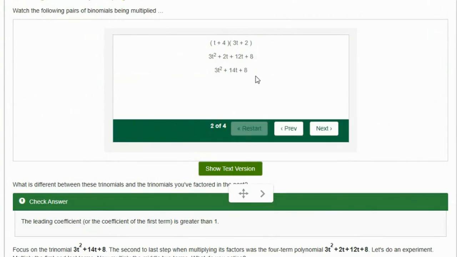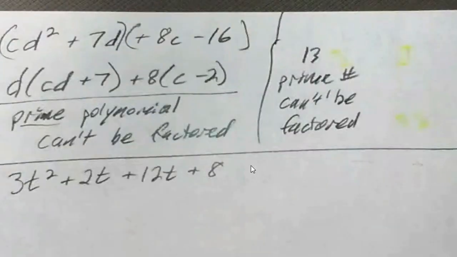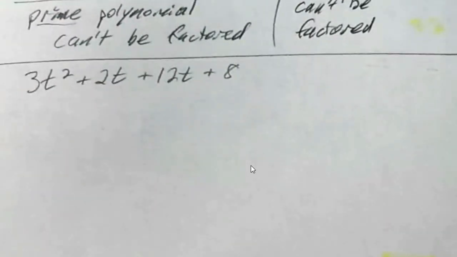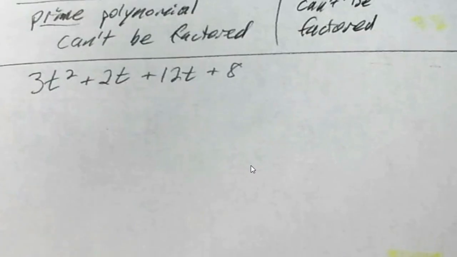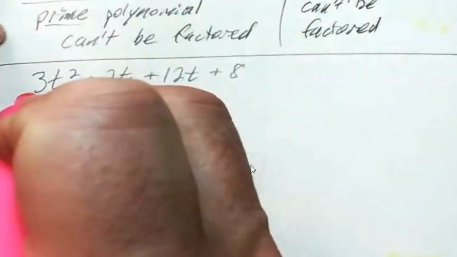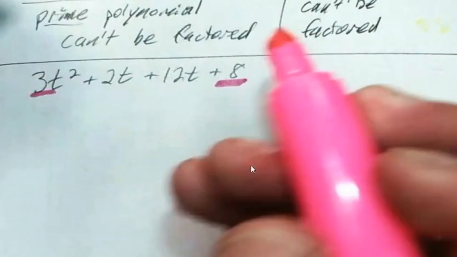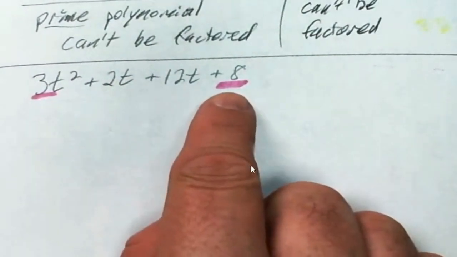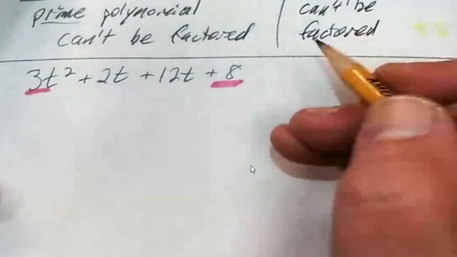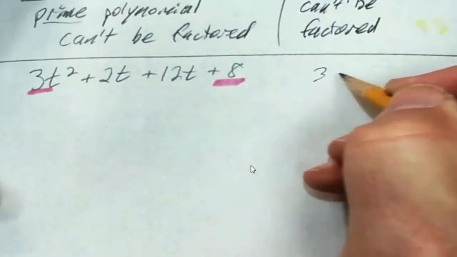Let's look at something that's interesting about analyzing what we did. Let's take this first number and the last number. The coefficient of the t squared term and the constant. So that is 3 and an 8.